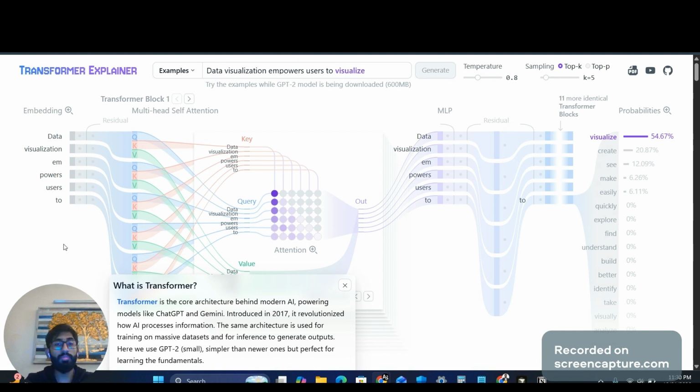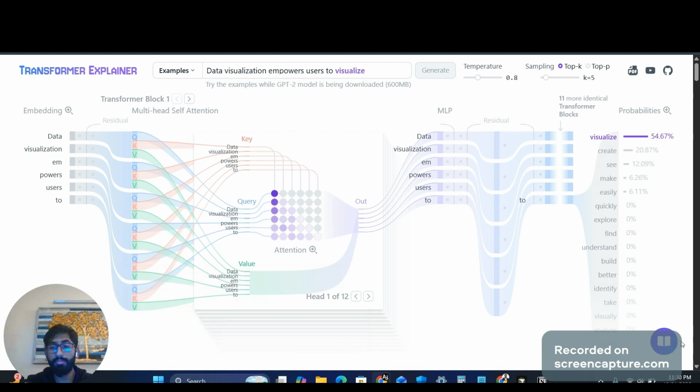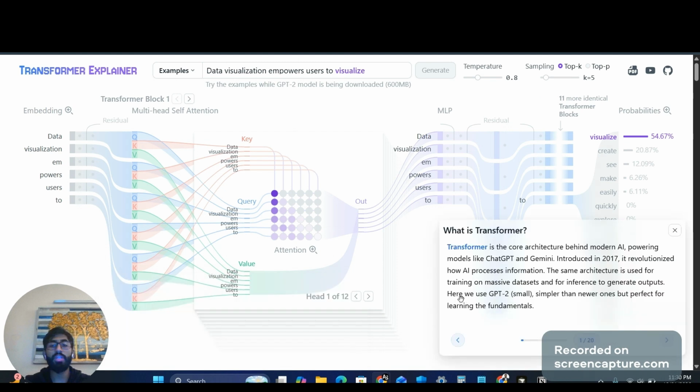If you don't know what's going on, let's first read the text and understand it one by one. So what is a transformer? The transformer is a core architecture behind modern AI, powering models like ChatGPT and Gemini. Introduced in 2017 in a paper called "Attention Is All You Need," if I'm not mistaken, it revolutionized how AI processes information and predicts the next word from the context of the sentence.